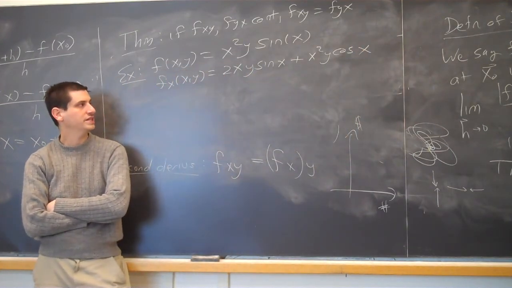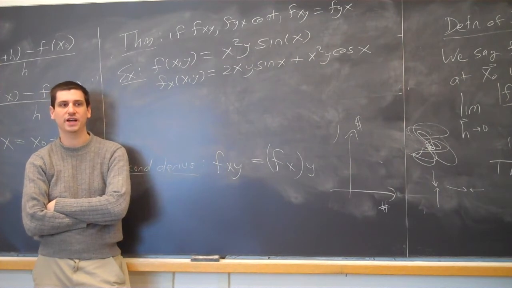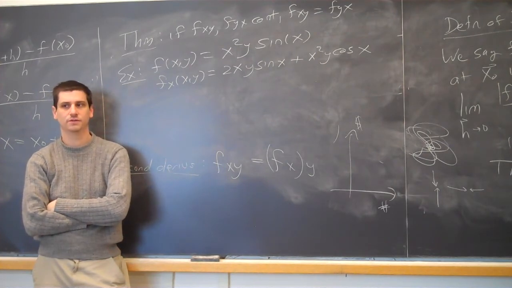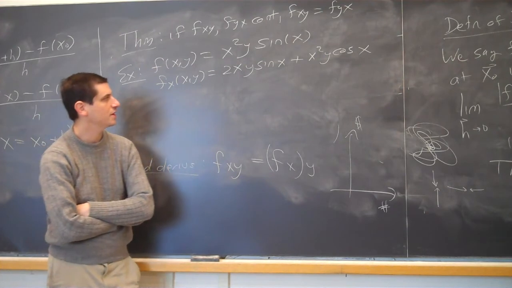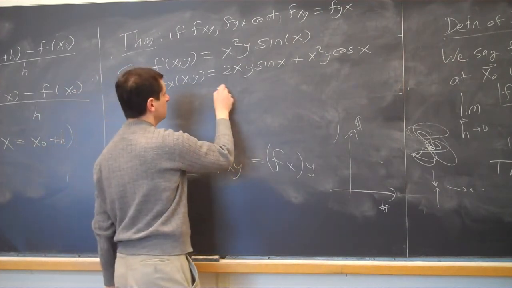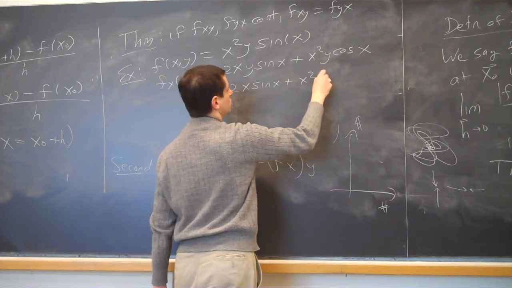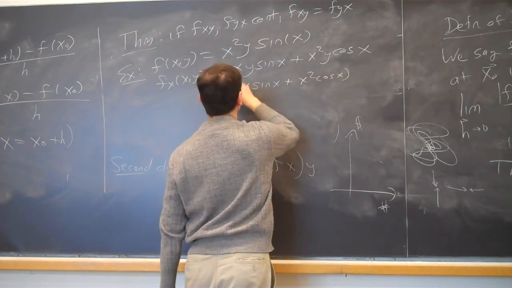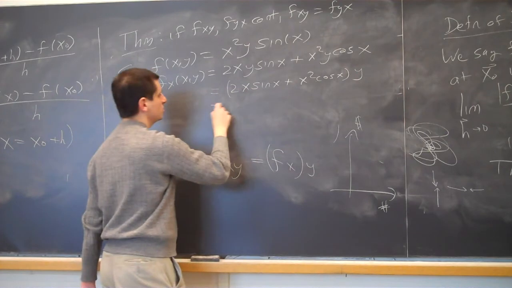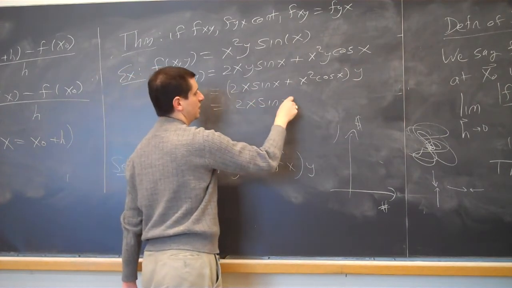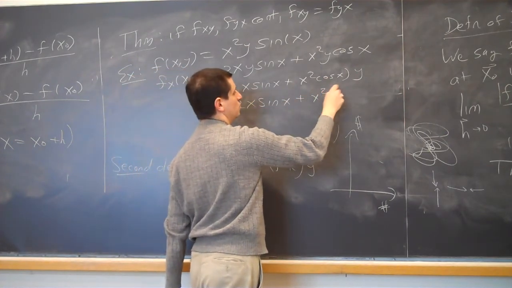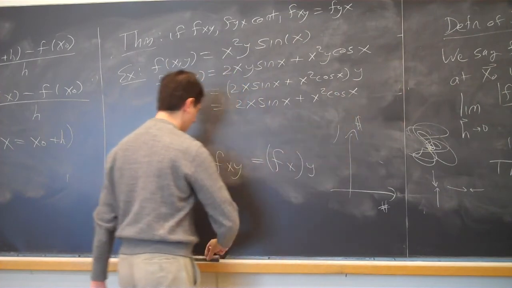Now, when I take the derivative with respect to y, I have two terms to take the derivative of. Of course, I might notice that I could factor this as 2x sine x plus x squared cosine of x, times y. When I take the derivative with respect to y, I get 2x sine of x plus x squared cosine of x.